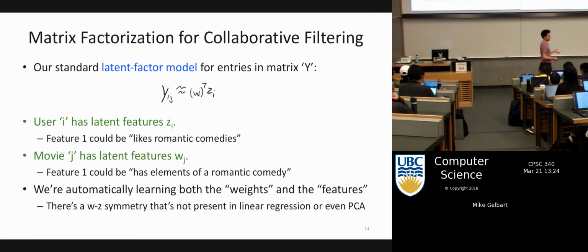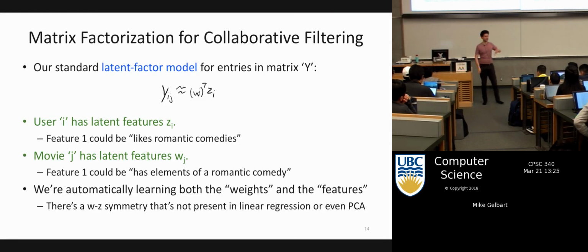And then maybe on the movie side, that corresponds to this movie is kind of romantic comedy-ish. It has elements of a romantic comedy. So we're basically saying for each movie, you get to come up with some new vector of length k that lives inside of W. And for each user, you get to come up with some new vector of length k, one for each user. And we're just going to multiply those things together to get a rating.